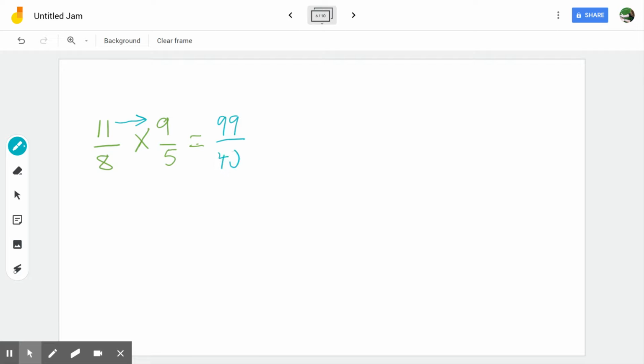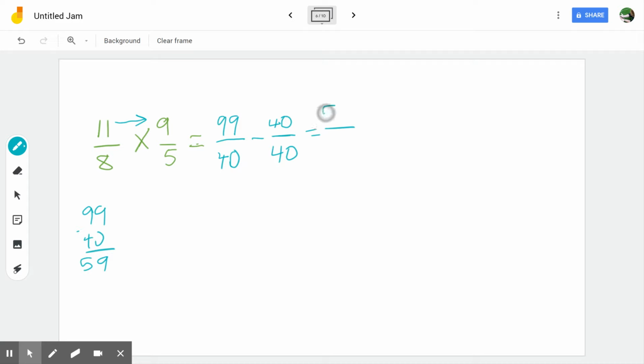Now this fraction is considerably larger than the other ones that we were working with. And it's an improper fraction because 99 is bigger than 40. So we have to subtract some wholes. Let's subtract one whole here. 40 40ths. That's a whole because you have 40 out of 40. 99 minus 40 is 59.